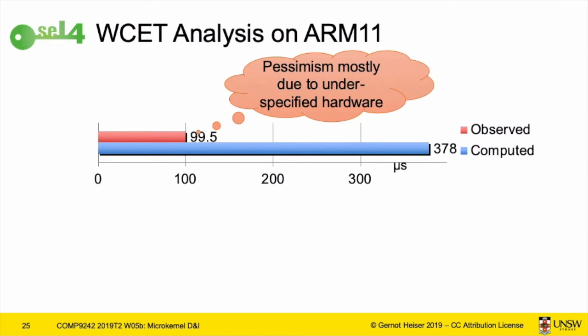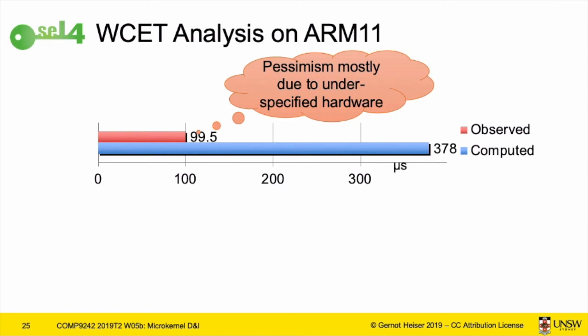So these are microseconds, and the computed bound on the worst case execution time latency, this is on an old ARM11 processor, a relatively slow processor, was about 400 microseconds. And by analyzing the longest path which the analysis gives you, you can actually reproduce these cases, right?